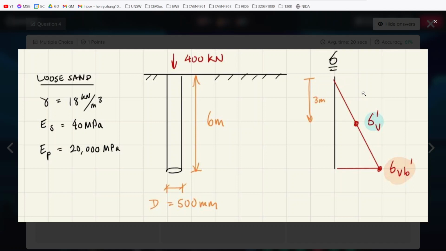Because this is uniform, there's no effect of groundwater, so the average stress will actually just be in the middle of the layer, for all of the stress acting on the shaft's surface area. And to get the effective stress at the base, we multiply the unit weight by 6.